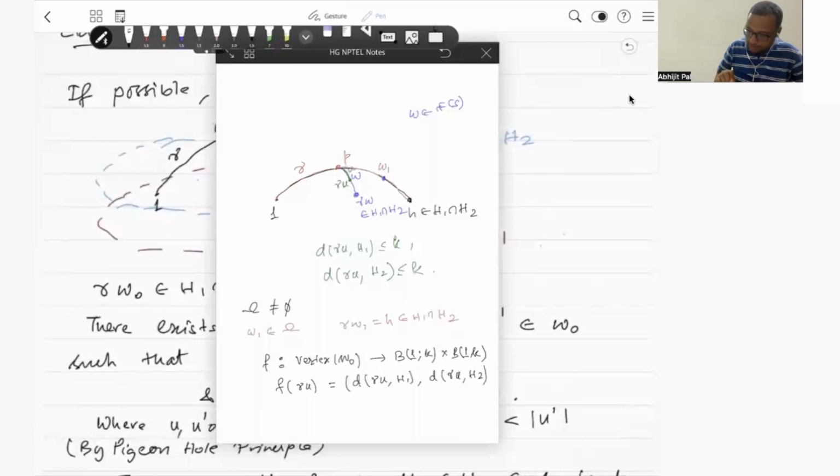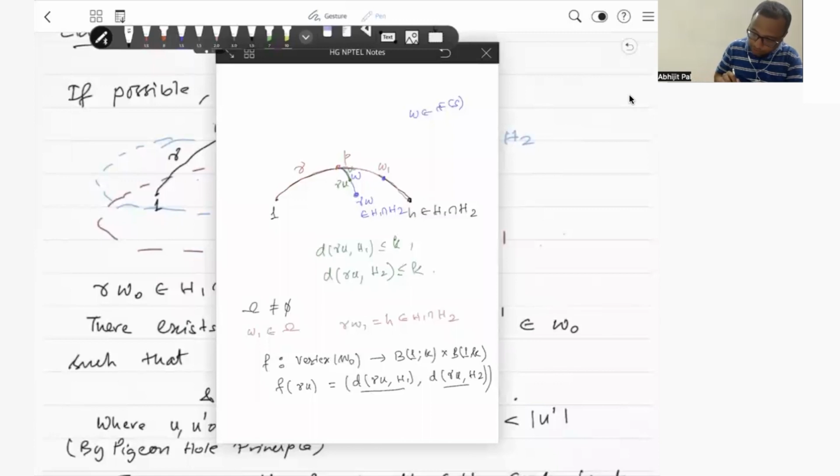So you take this ordered pair. The first coordinate will belong to the ball of radius k around 1, because the distance of gamma u to H1 is less than or equal to k. And similarly for the other coordinate, the distance of gamma u to H2 is less than or equal to k.